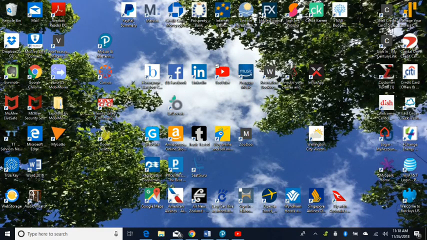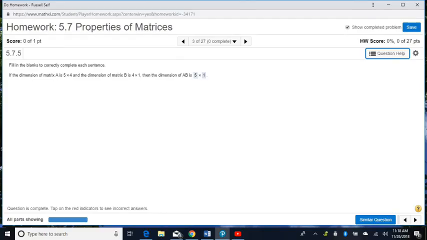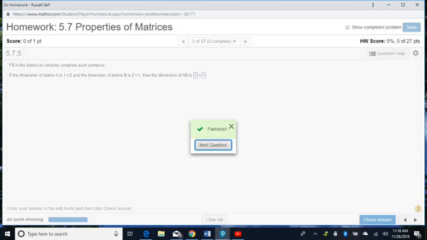So if you look at this particular problem, let's go back and just do a different one. This is a 1 by 2 and a 2 by 1. So those two inside numbers match. So this answer is going to simply be a 1 by 1 matrix. The two outside numbers.